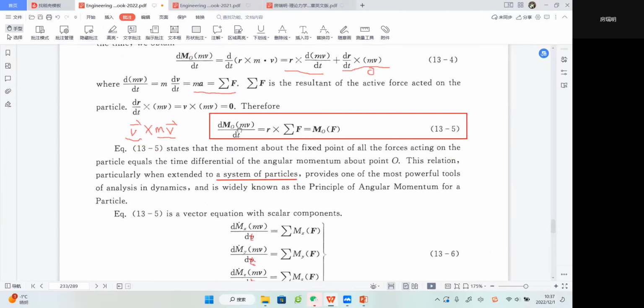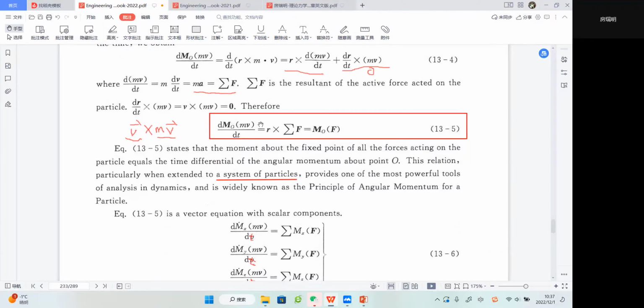Therefore, we have d(HO)/dt equal to MO. This principle tells us that the moment about the fixed point of all the forces acting on the particle equals the time derivative of the angular momentum about point O.